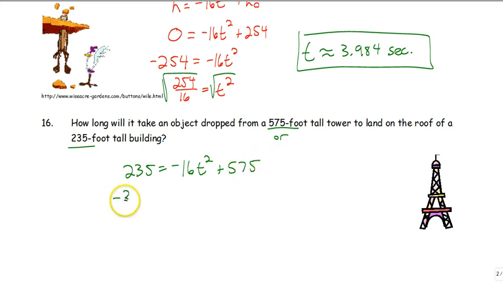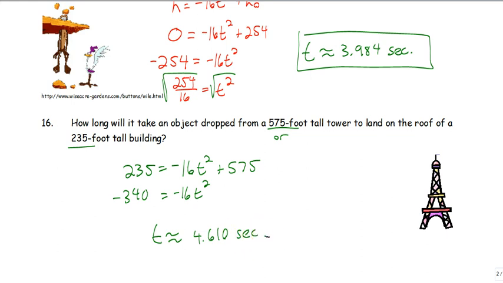I get negative 340 if I move the 575 over, equals negative 16t squared, and then you divide and take the square root. Okay, so when you do that, you get t is approximately 4.610 seconds.